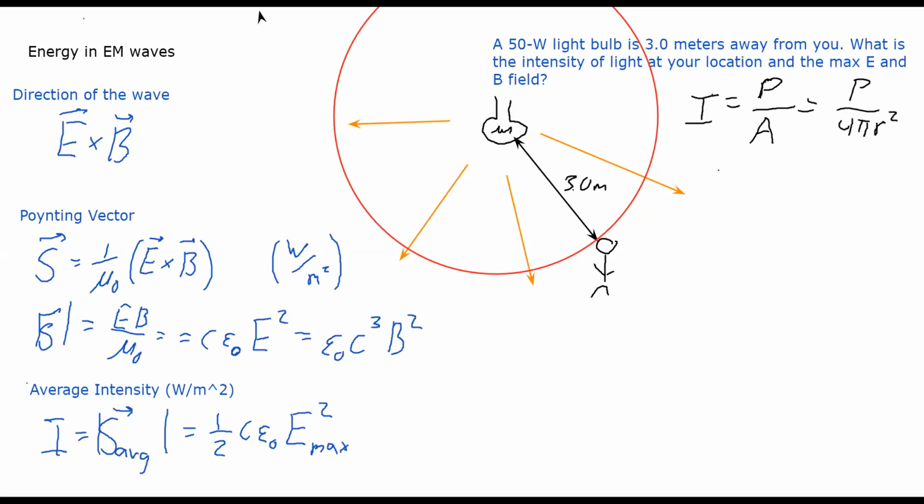We can find intensity really quickly from that. The power is 50 watts, and the sphere it is spread over is 4 pi times the radius, 3.0, squared. That gives us an intensity of 0.44 watts per meter squared.